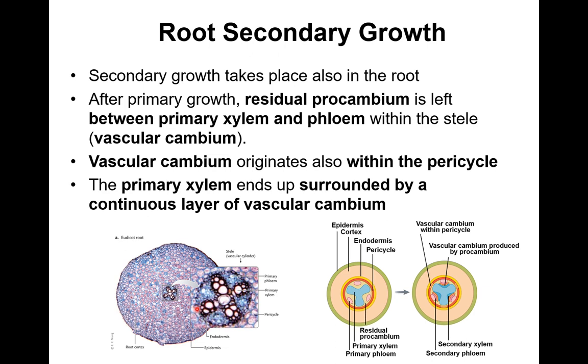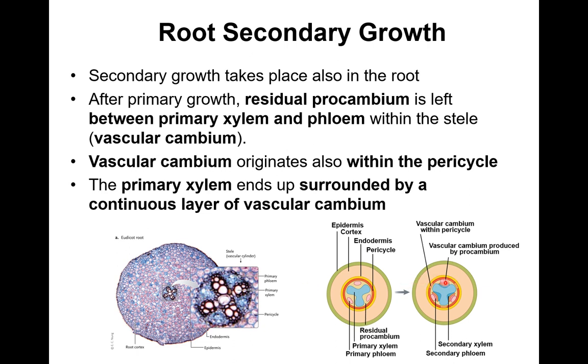And what you have here is that the pericycle cells here, this single layer of cells, in this area still have meristematic properties, and so they go in continuity with the procambium that is left behind here, forming a layer of vascular cambium all around the xylem. Again, if you remember, it's not going to be a circular structure here, but so it's right here.